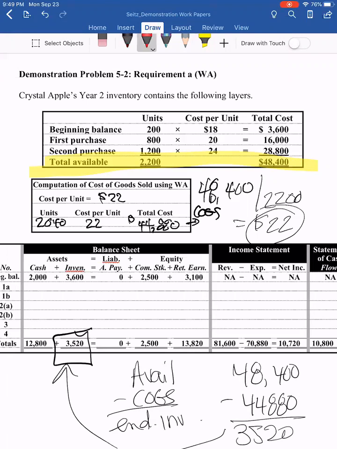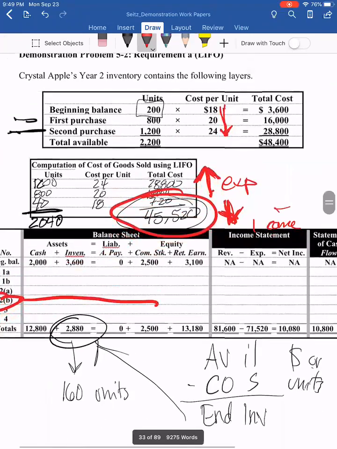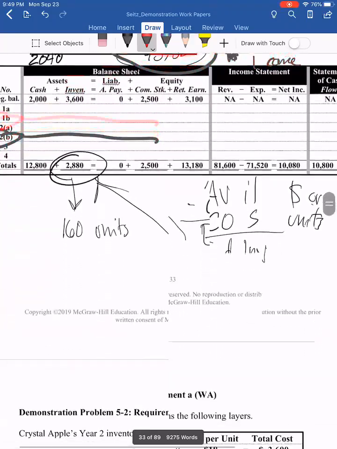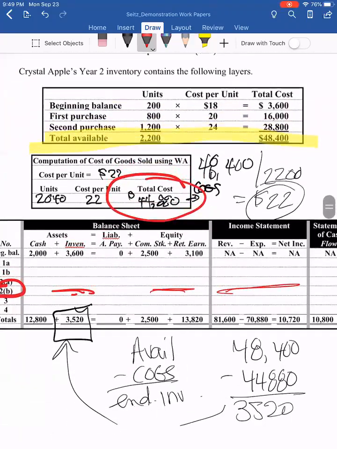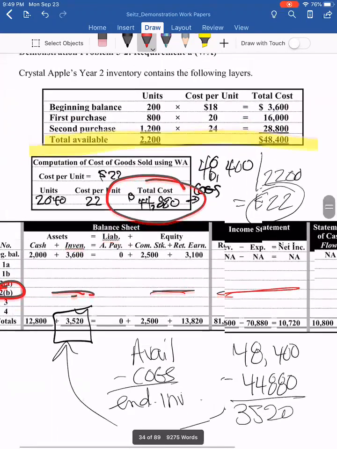Okay, and same discussion as before. This amount that would affect the balance sheet and your retained earnings right here and your income statement right here. Your ending inventory. So it appears here that you can just add the LIFO, FIFO together and divide them by 2 and get a good average for the weighted average. That's not necessarily how it works in real life.